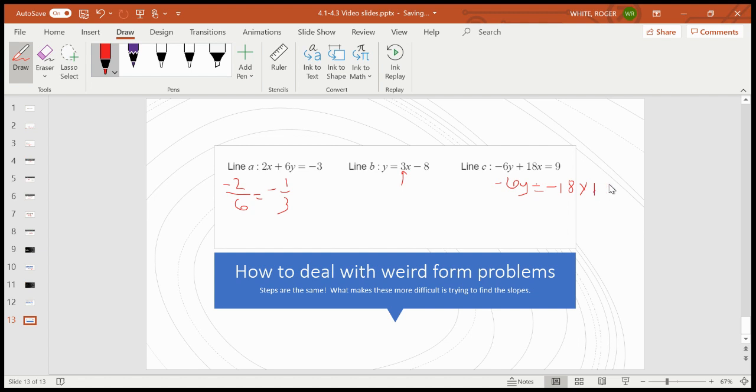And then to solve for y, which is what we talked about in prior lessons, solving literal equations, that's going to give us a slope of 3. And in this case, we're not too concerned about the y-intercept because we would typically want to use this slope to find another equation for, say, a perpendicular or parallel line. So the slope of this equation would end up being a +3x.